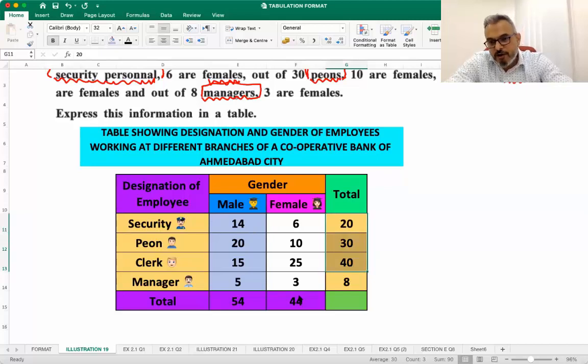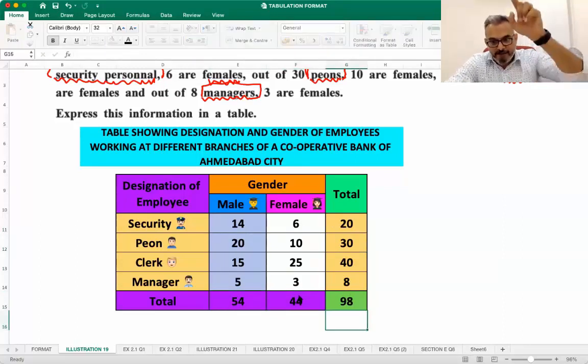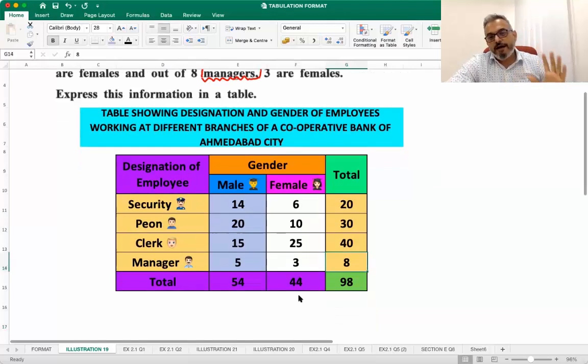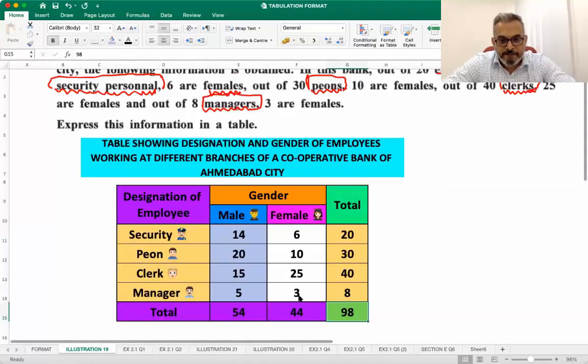Here you manually always check कि ये vertical total is 98 and horizontal total is also 98. They should match, because if somewhere you have made some calculation mistake तो यहाँ पता चल जाएगा.